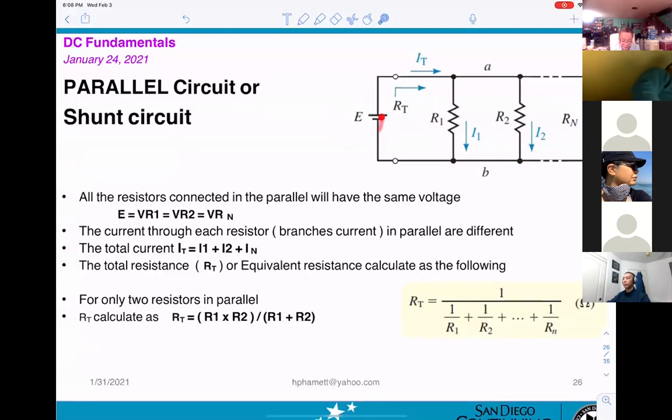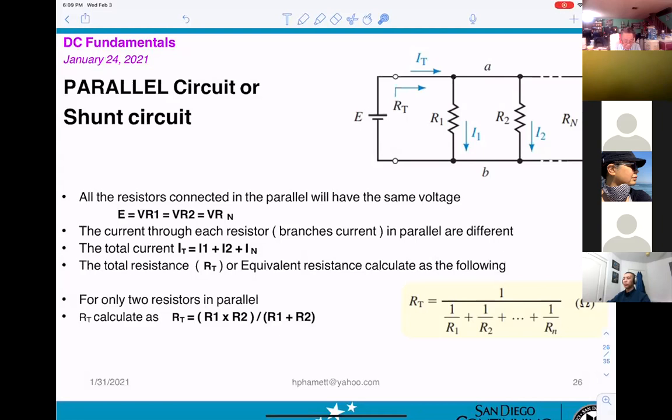They have the same E. However, when the total current goes to the first branch, it goes I1, then I2, and so on. More resistors in parallel, more branch current. All resistors connected in parallel have the same voltage: E equals VR1, VR2, or VRn.